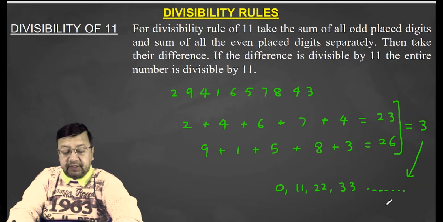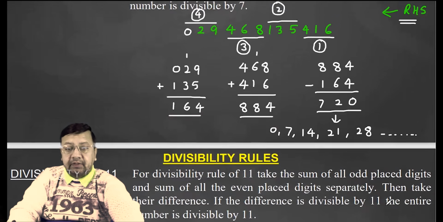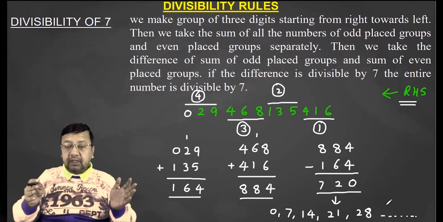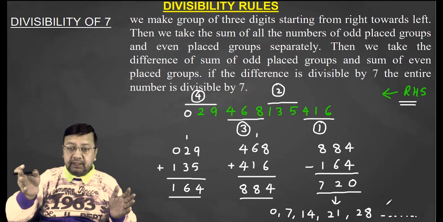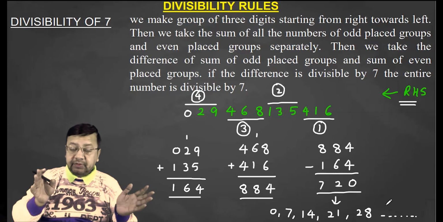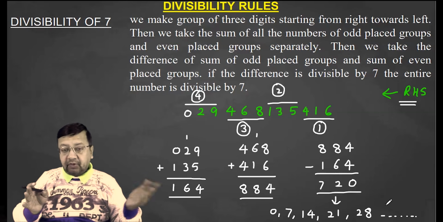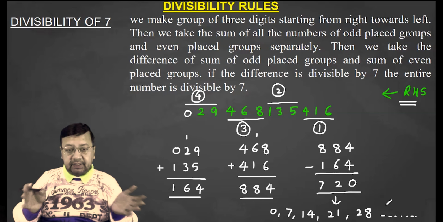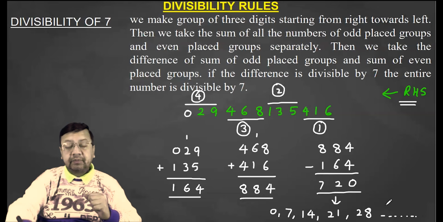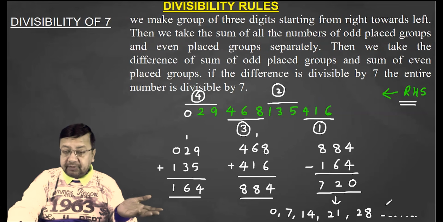So for the 7, right, the rule is what? When you are taking a number, starting from right side, take a group of 3 digits, right? Separate the groups which are even placed or which are odd placed, right? Take individual summation, addition, then the difference. If the difference is divisible by 7, number will be divisible by 7.